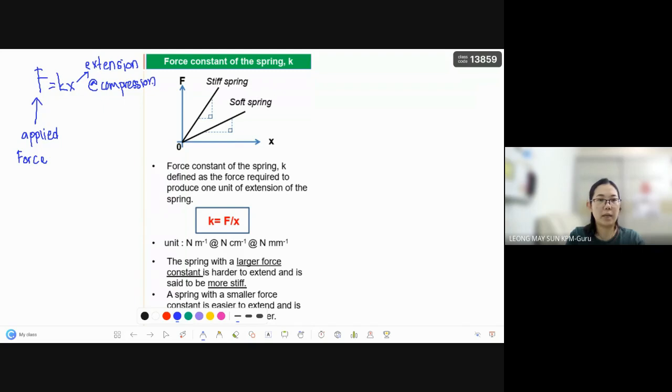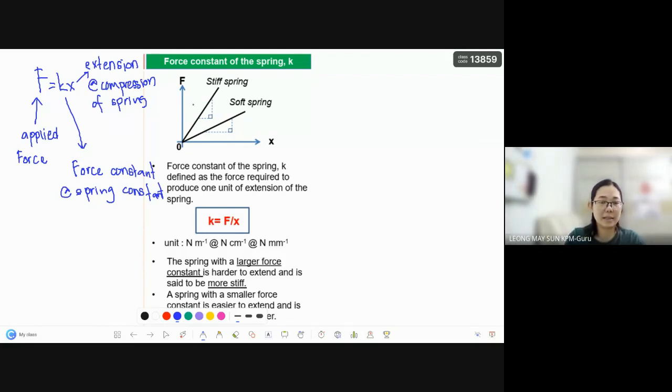While K is actually known as force constant or spring constant.